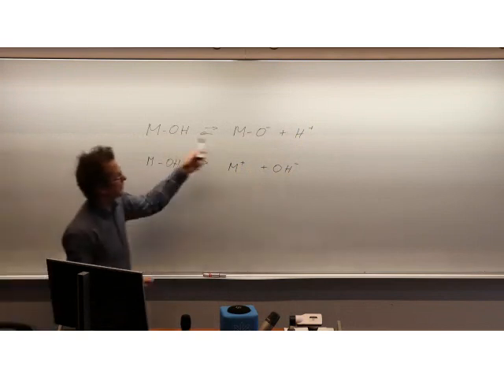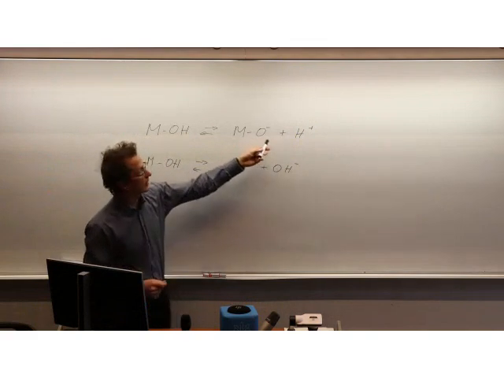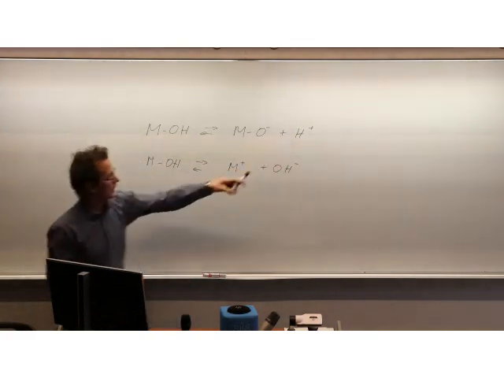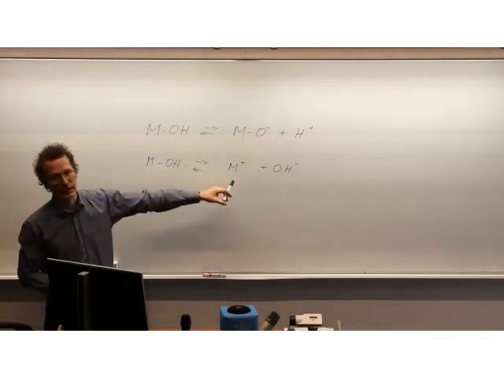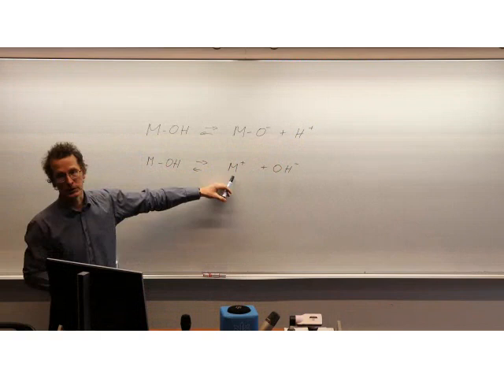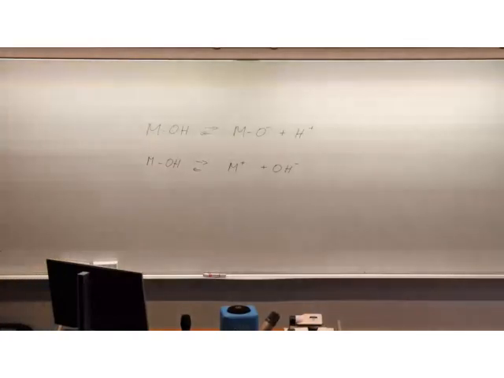So the first equilibrium shows how it can act as a cation exchanger, and the second shows how this metal stationary phase can act as an anion exchange medium. So, not that complicated after all.